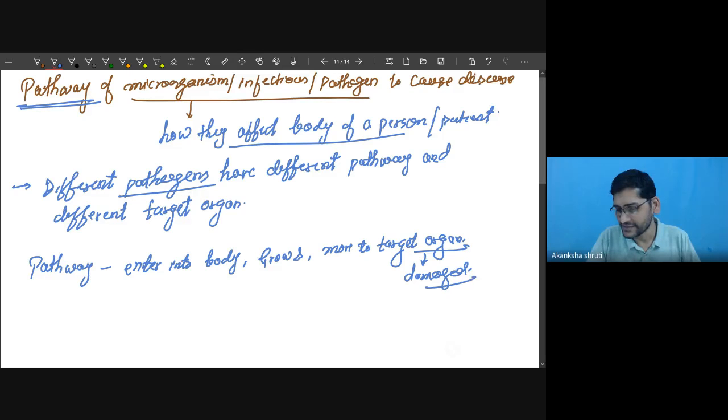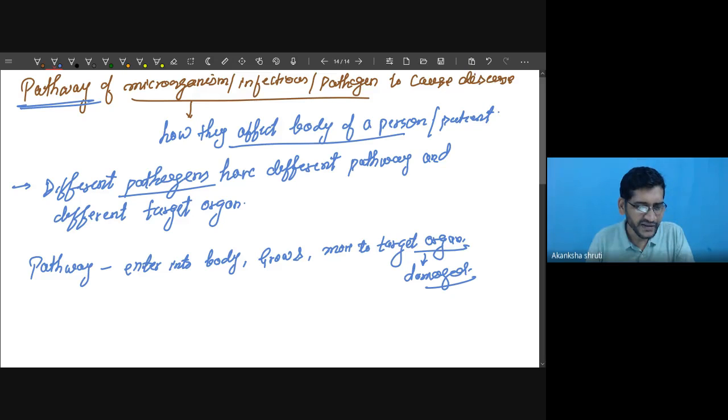As a result, if it is not treated, then that may ultimately lead to death of the patient. So how these microorganisms enter the body and how they grow, all those things we have to understand for a few of them.